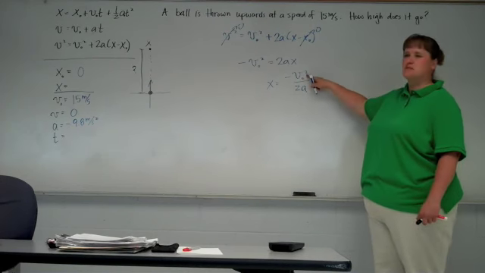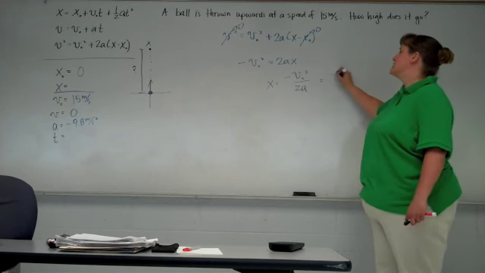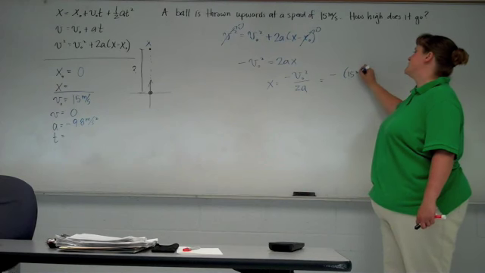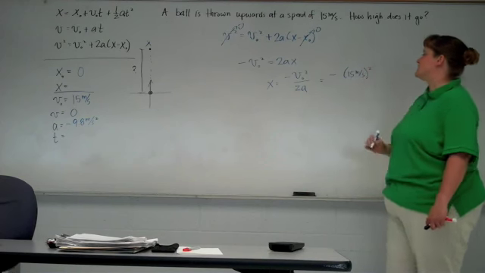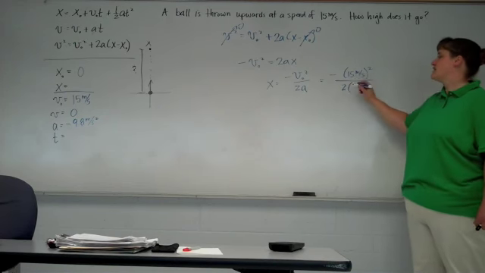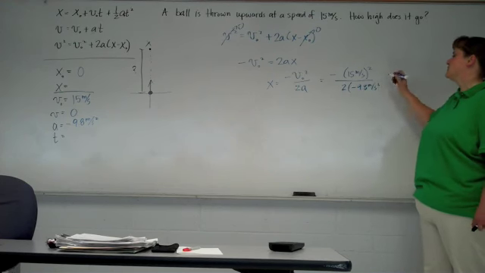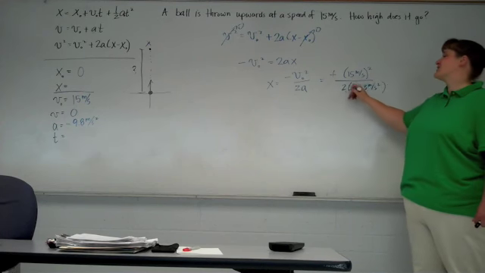That negative sign isn't part of the squared, so you're not squaring that negative sign. So negative 15 meters per second is our initial velocity. We need to square that. All over 2, our acceleration was negative 9.8 meters per second squared. The negative signs are going to cancel.